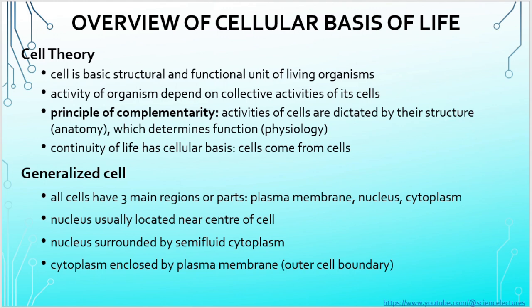In general, all cells have three main regions or parts: a plasma membrane, a nucleus, and the cytoplasm. The nucleus is usually located at the center of the cell. It is surrounded by the semi-fluid cytoplasm, which in turn is enclosed by the plasma membrane, which forms the outer cell boundary.